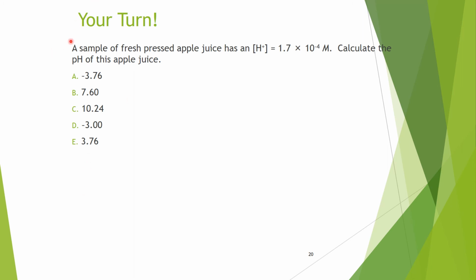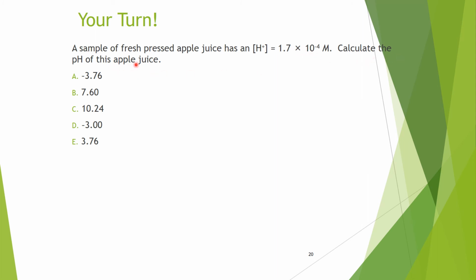Okay, so when it says your turn, what you can do is just pause the slide and do the problem on your own, and then we'll go through it. Okay, so we have apple juice with an H plus concentration of 1.7 times 10 to the minus 4th.